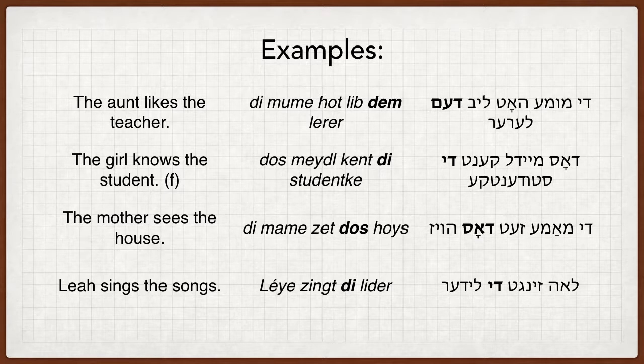Next sentence is the girl knows the student. Das Mädel kennt die Studentke. Whom does she know? The student, die Studentke. Die does not change in accusative, so it is the same die. Next, the mother sees the house.